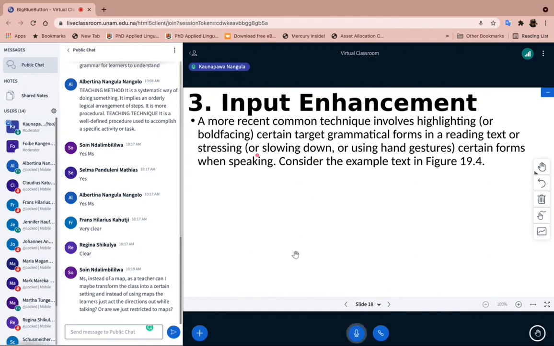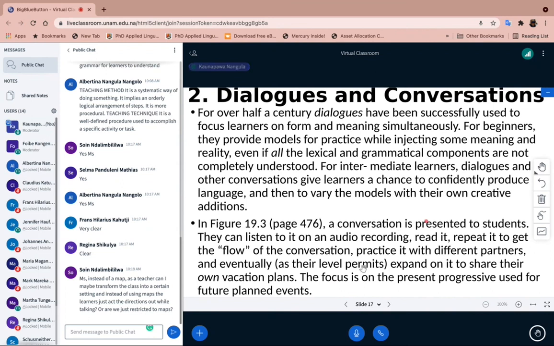There was a picture that's supposed to show an example of a conversation that the learners will use in the classroom. And here they suggest that learners can either listen to it or read it. They can listen to it on audio, or read it and then repeat to get the flow.